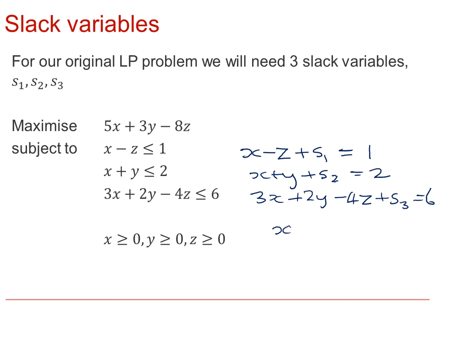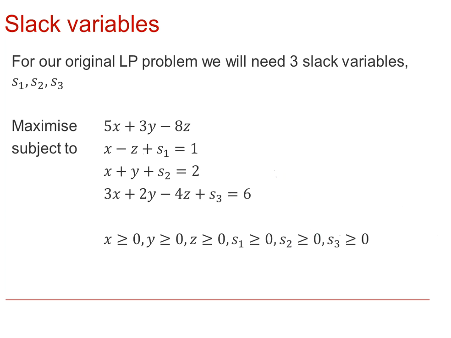We would also have x, y, z, s1, s2, s3 all greater than or equal to 0 as the non-negativity. This is sometimes called the augmented form, and is a necessary step before we set up the simplex tableau.